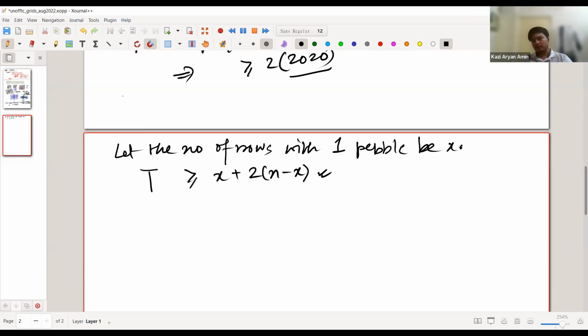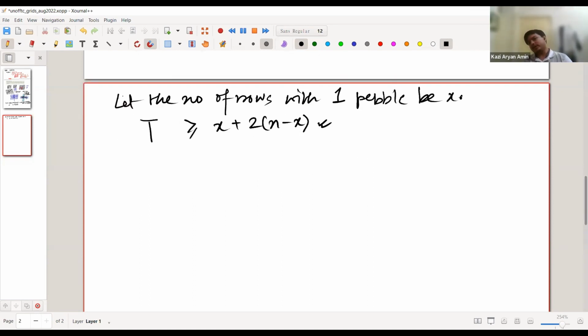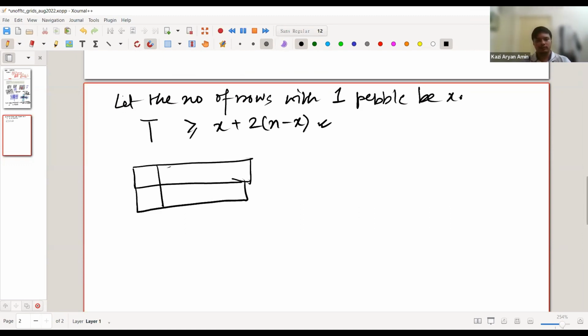So now can someone suggest another way of getting a bound? How do you get the other bound on x? So suppose this is one row having only one pebble, and this is another row which has only one pebble. I haven't drawn the pebble yet.